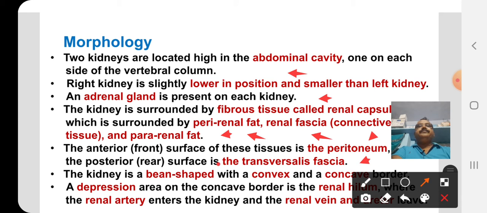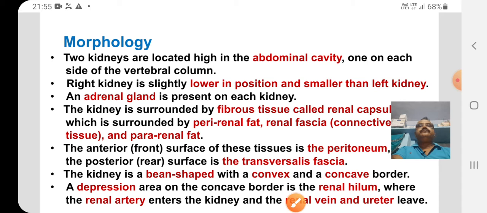The kidney is bean shaped, with concave and convex borders. A depression area on the concave border is the renal hilus. The renal artery enters the kidneys and the renal vein and ureter leave the kidney at the hilum.